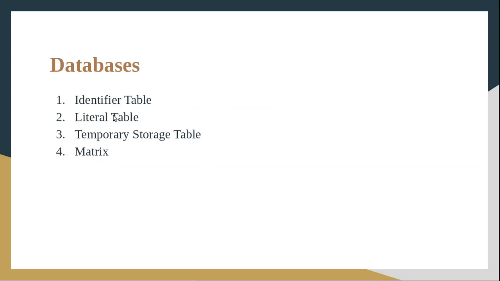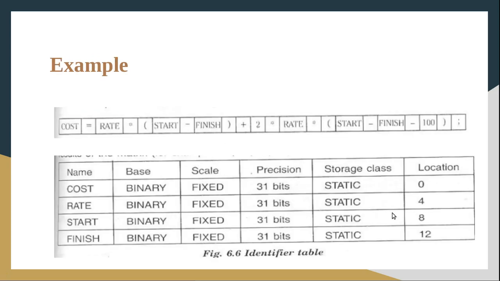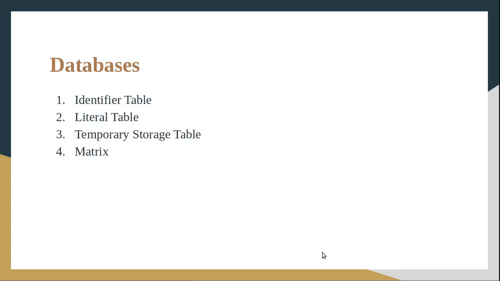Now we are going to see what databases we use in the storage assignment phase. As usual, the identifier table. I showed you that in the identifier table, 2 more fields will be added, that is storage class information and location information, in this storage assignment phase. Then the literal table contains constants.